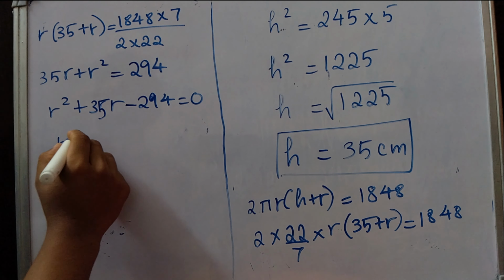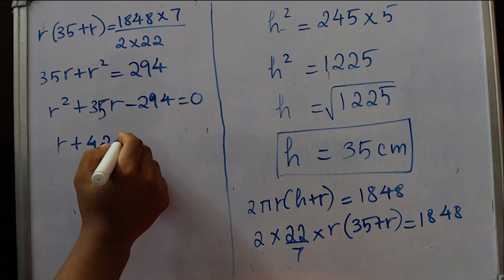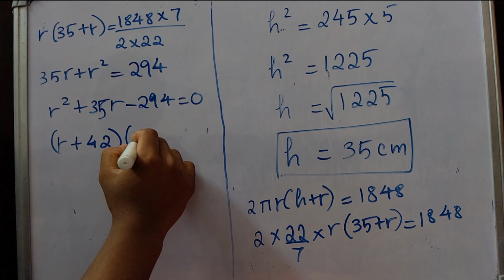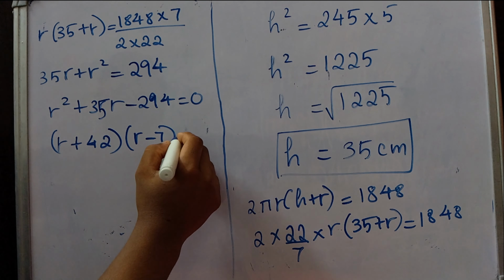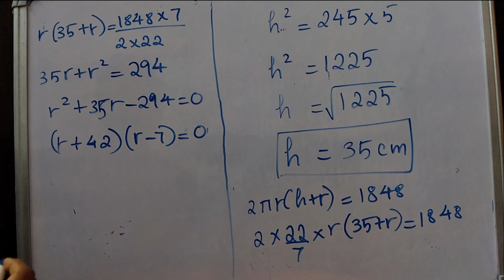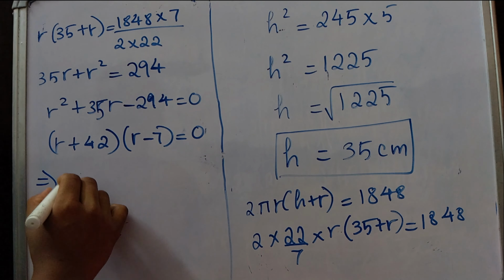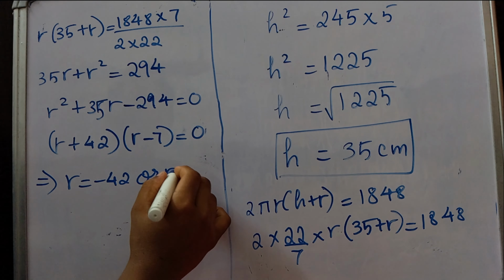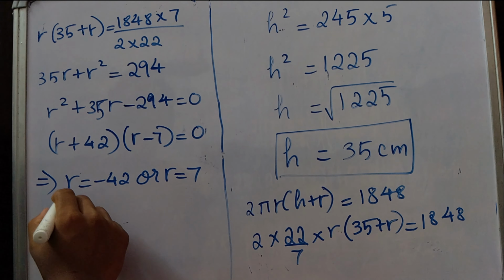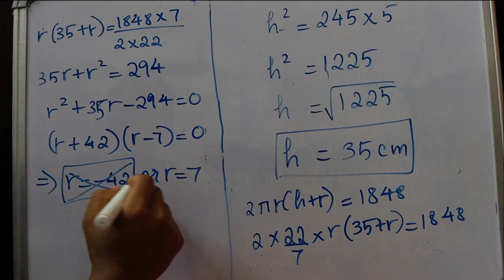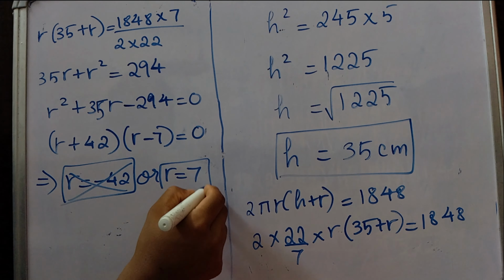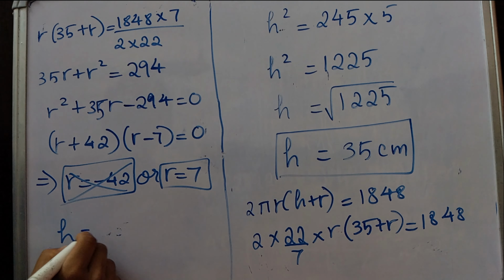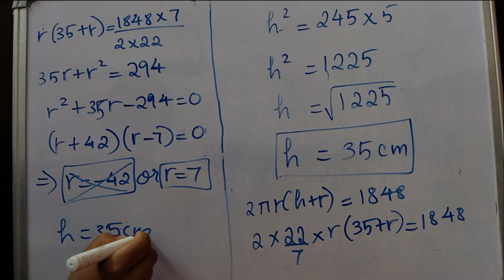So we get (R plus 42) into (R minus 7) is equal to 0, which implies R is equal to minus 42 or R is equal to 7. As the radius cannot be negative, we neglect this and take R is equal to 7 as the radius. So we have found the height to be 35 centimeter and the radius as 7 centimeter.